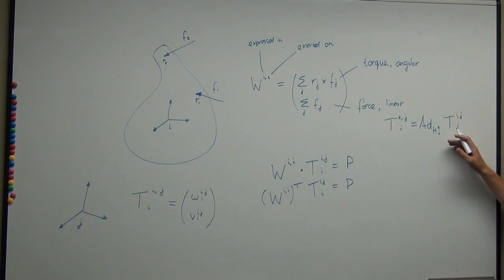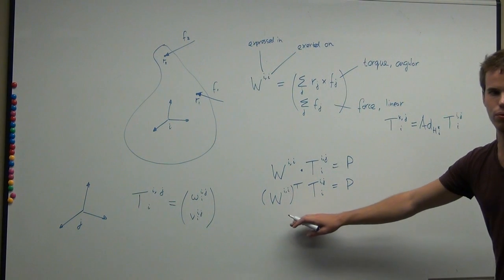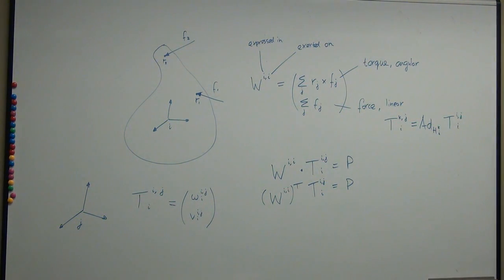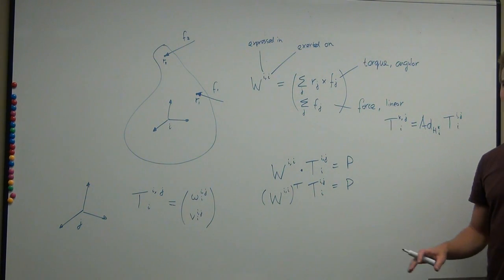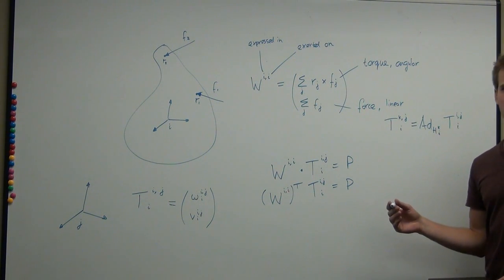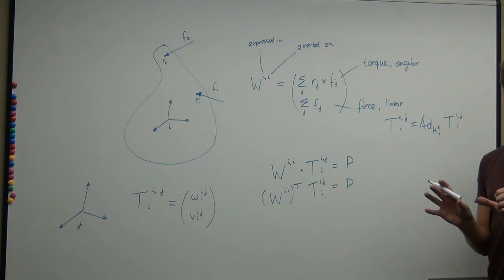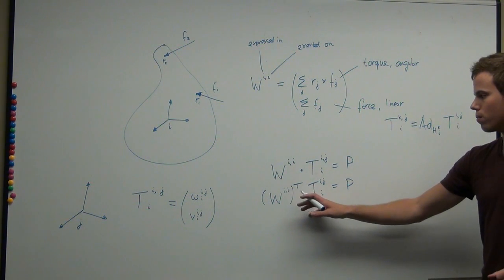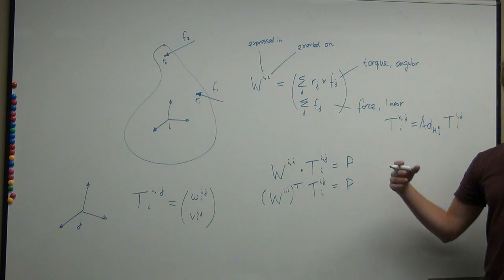It would be nice if we had a similar rule for transforming wrenches to a different frame. And the way we derive this rule is by noting that power must be the same no matter what frame the twist and the wrench are expressed in, as long as they're expressed in the same frame. So you can do that one dot the other, and it makes sense.